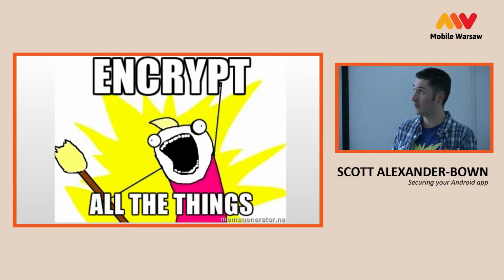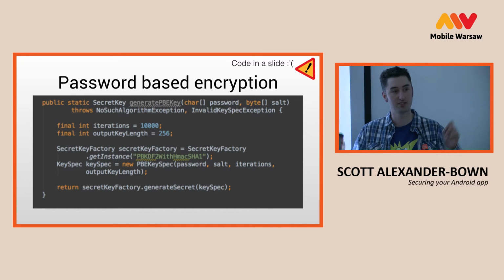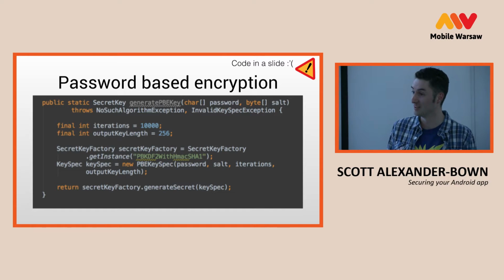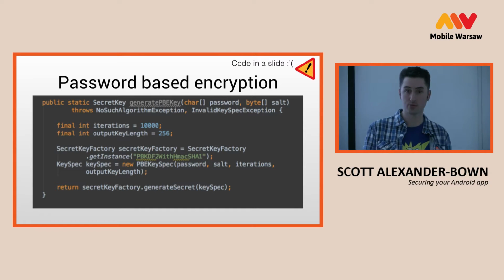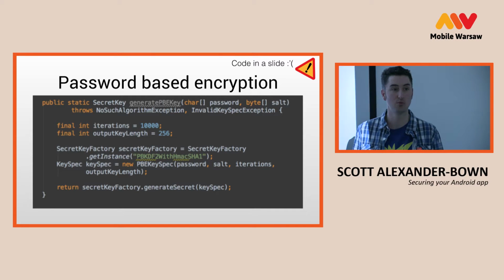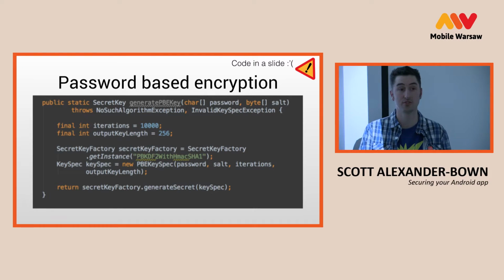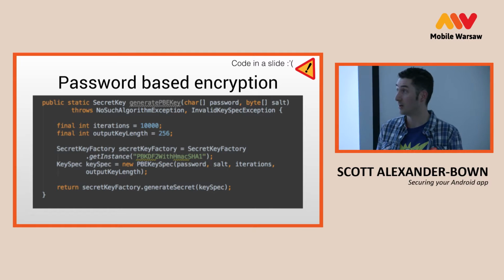And the best way of doing that is to do it without storing a key, and that's the key thing, pun intended. You can use encryption, and you don't have to worry about the algorithms. They're all pretty solid. It's always what you do with the key. Where do you store that? Do you put that in shared preferences? Well, it's kind of pointless because on a rooted device you can get to that.